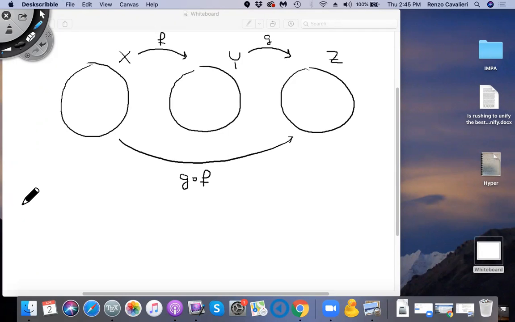And we have two subsets of X. One is the inverse image via the function g composed with f of a subset U. And the other is the inverse image via f of the inverse image via g of U.